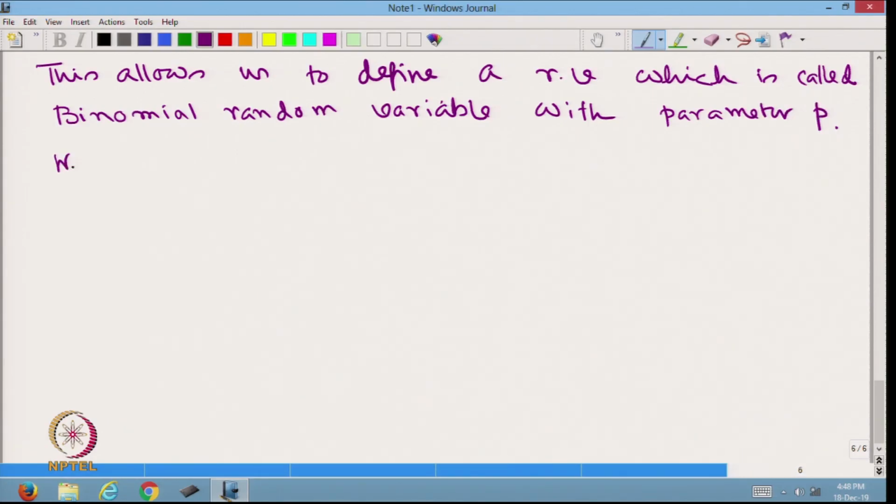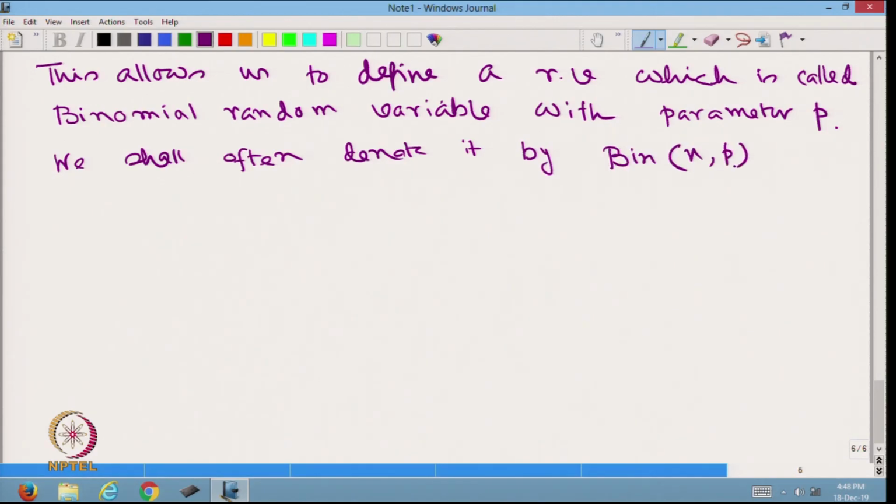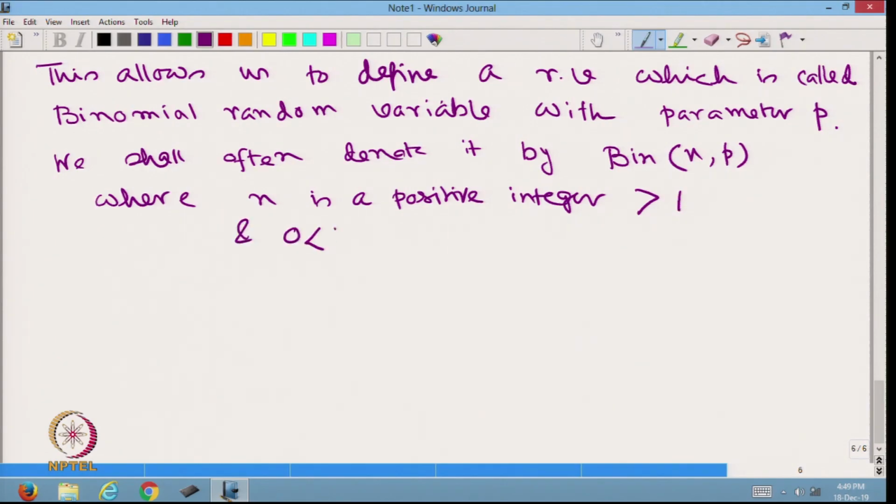We shall often denote it by binomial n comma p, where n is a positive integer greater than 1 and 0 less than p less than 1.